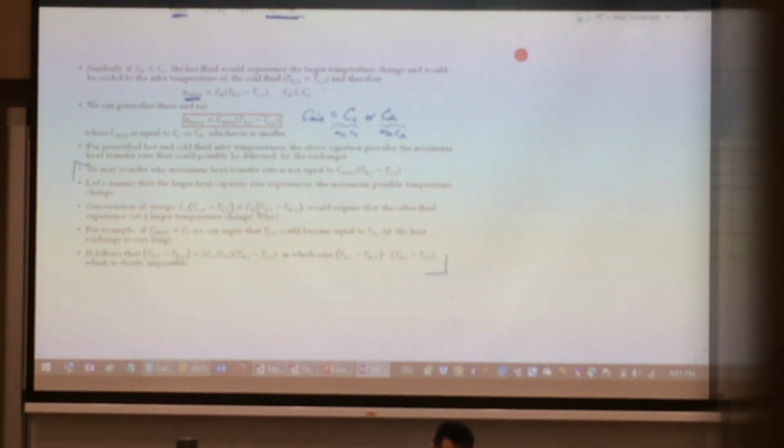So if I have counterflow again, with Thi, Tc naught, Tci, Th naught, temperature versus length. The heat that's transferring from the hot to the cold fluid will be Cc multiplied by Tc naught minus Tci, equal to Ch multiplied by Thi minus Th naught.